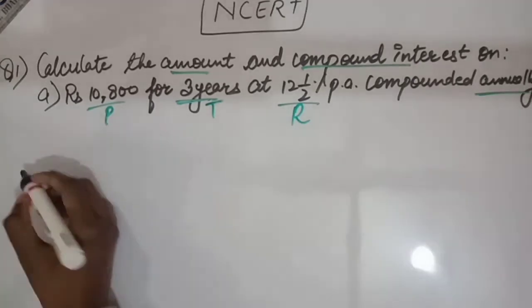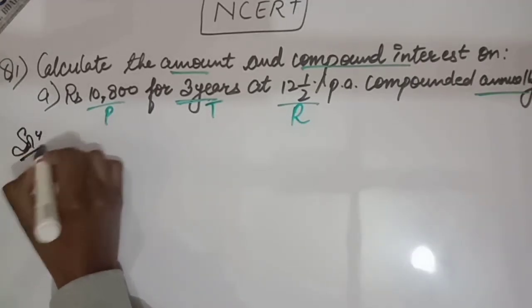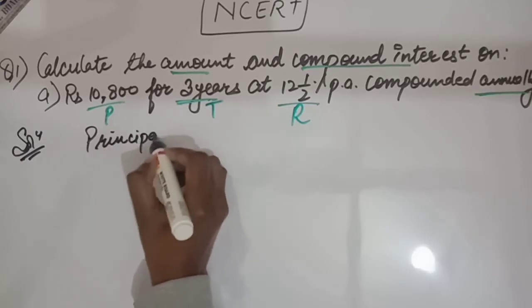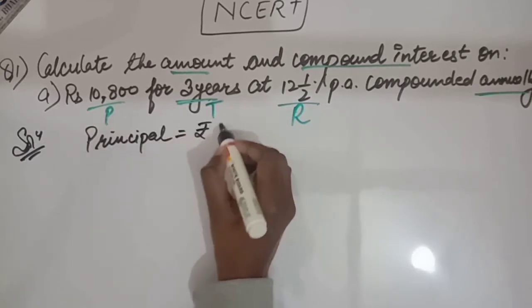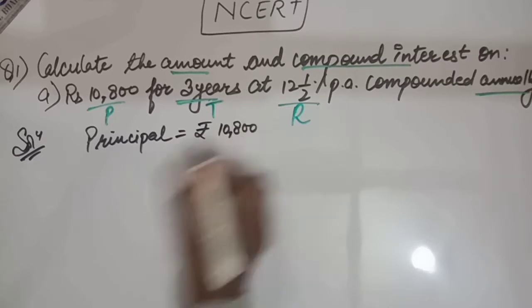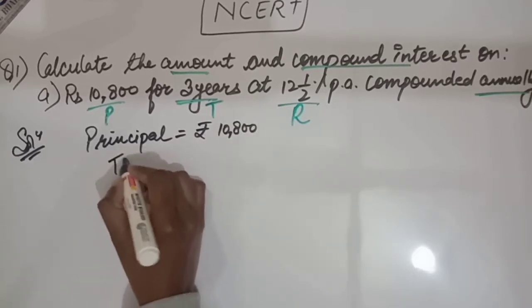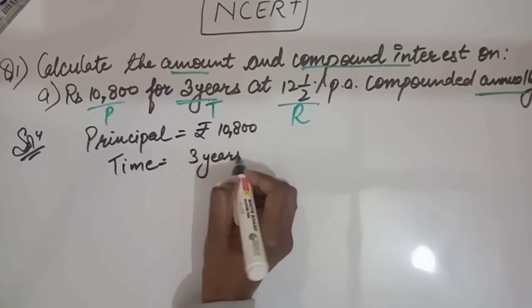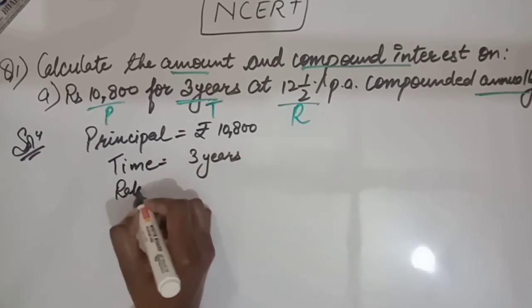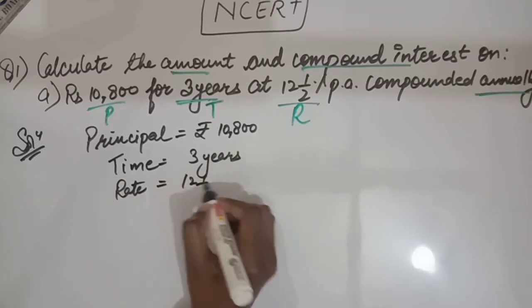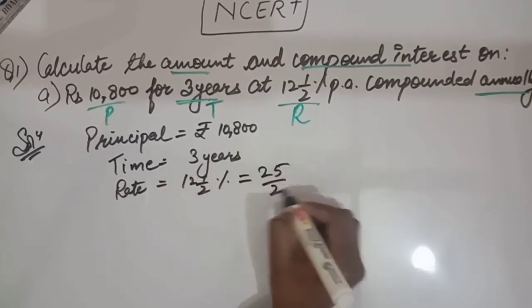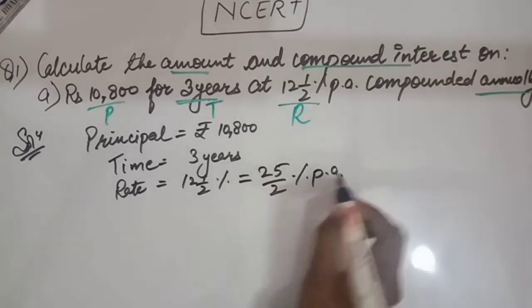Now, we have principal is equal to rupees 10,800. Time is equal to 3 years and rate is equal to 12.1/2%, that is 25/2% per annum.